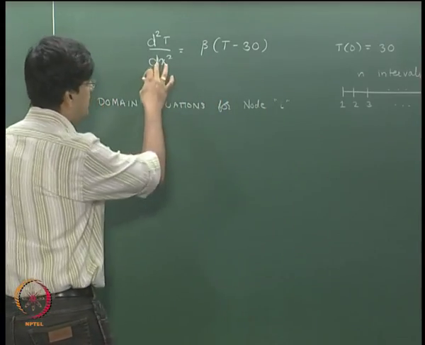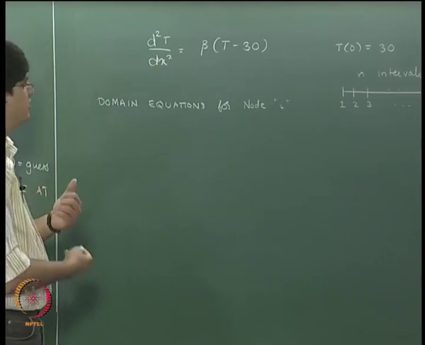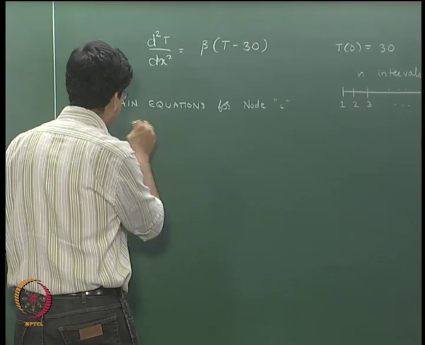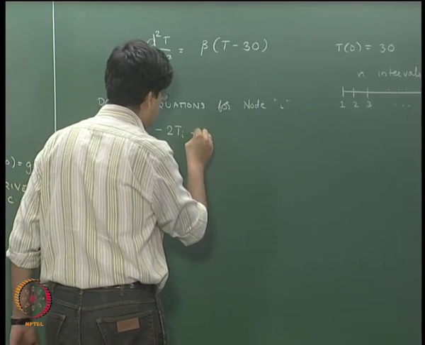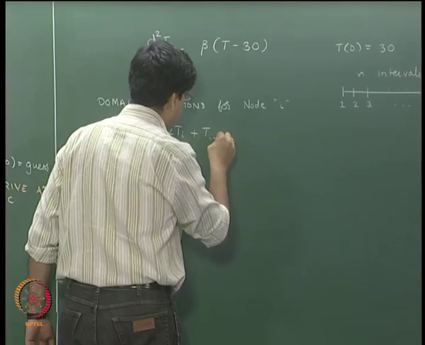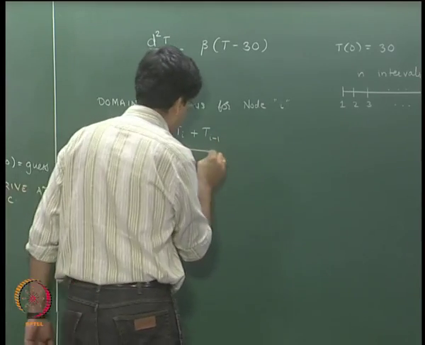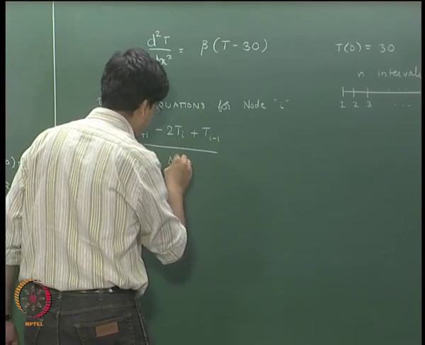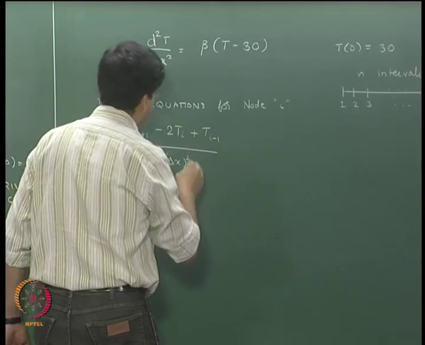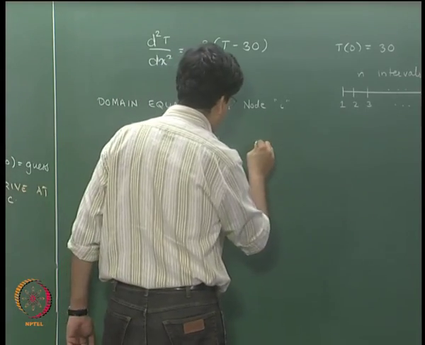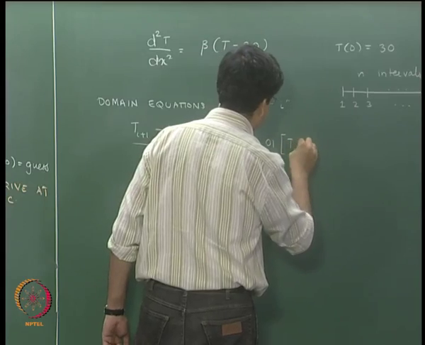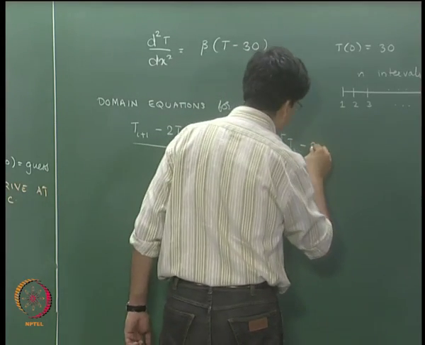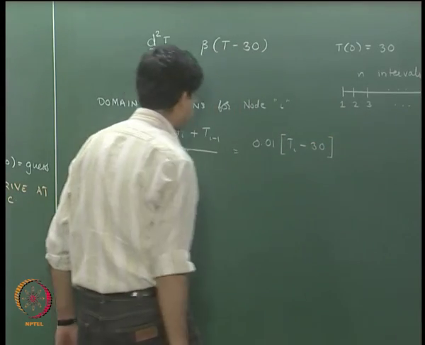is going to be, now d square T by dx squared, we will be able to write that as Ti plus 1 minus 2 Ti plus Ti minus 1, divided by delta x squared, equal to 0.01 multiplied by Ti minus 30. Okay.